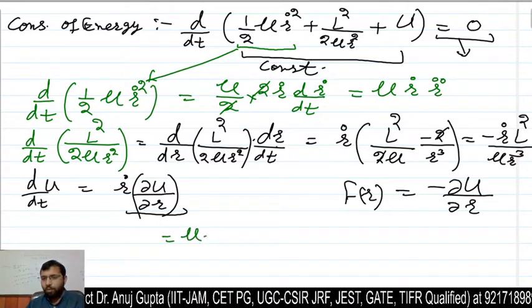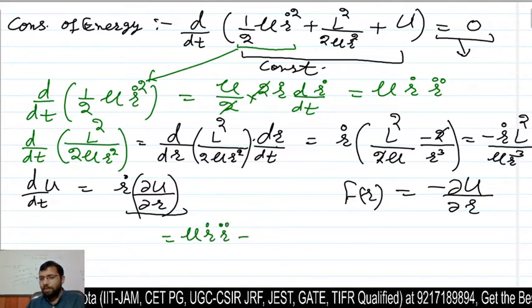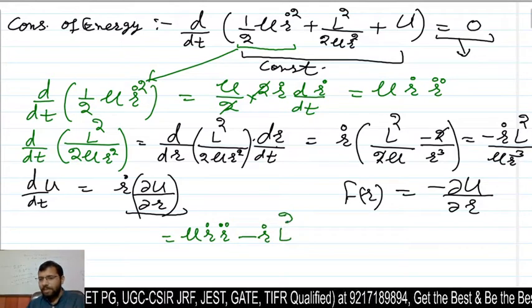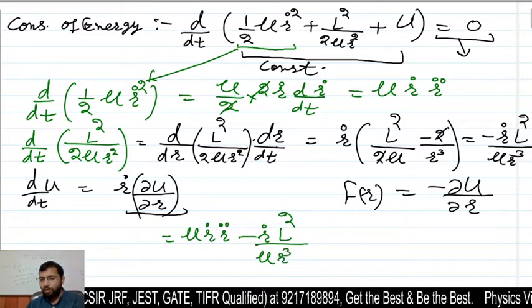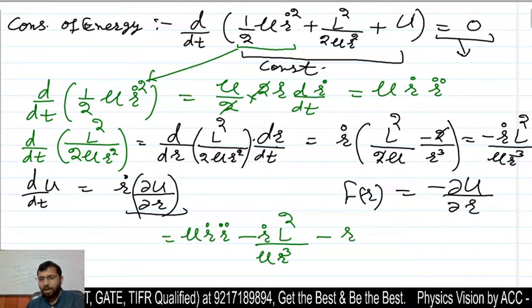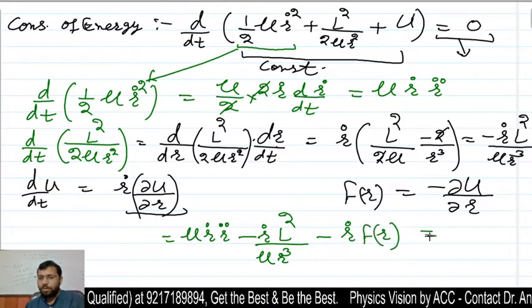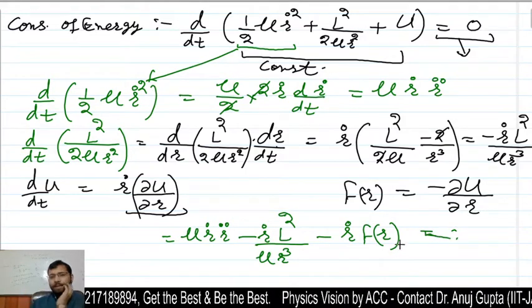We will get mu r dot r double dot minus r dot L square by mu r cube minus r dot fr equal to, हमें निकालना है, जो भी हो हमें निकालना है.